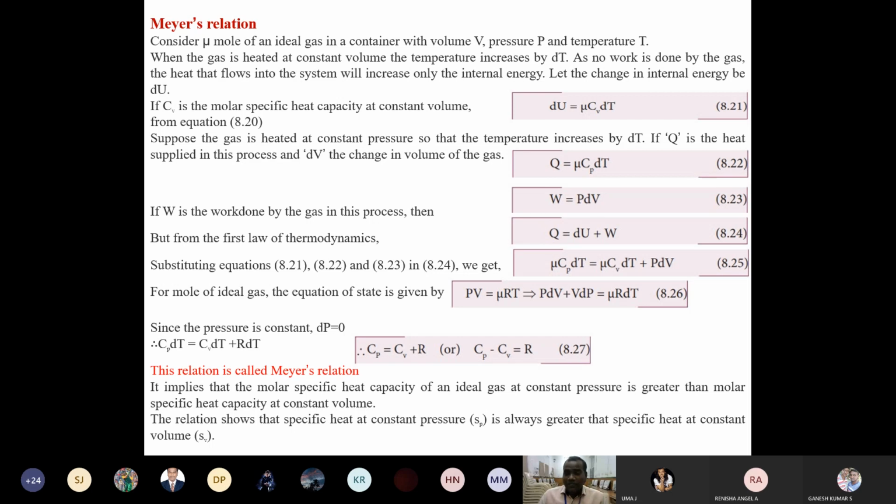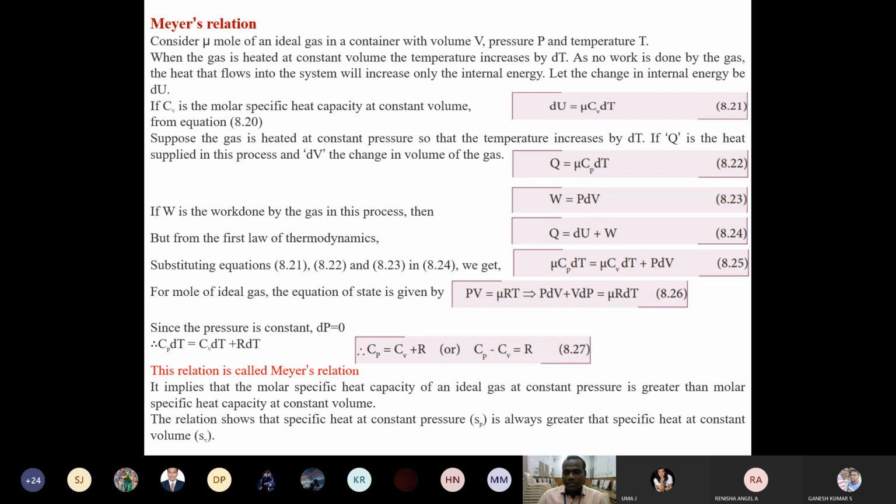If you differentiate PV, we have P dV plus V dP, which is the product rule from mathematics. Differentiating both sides, we have P dV plus V dP equal to mu R dT.